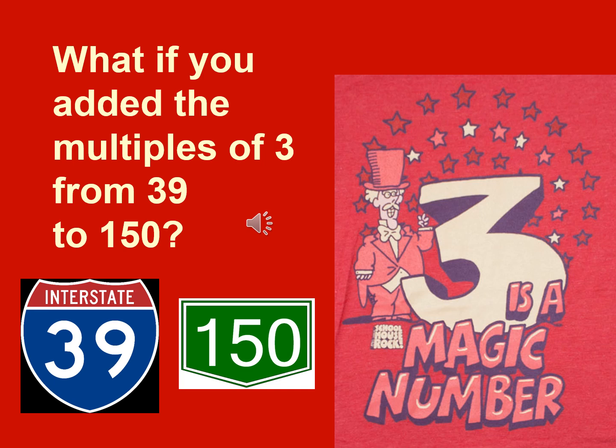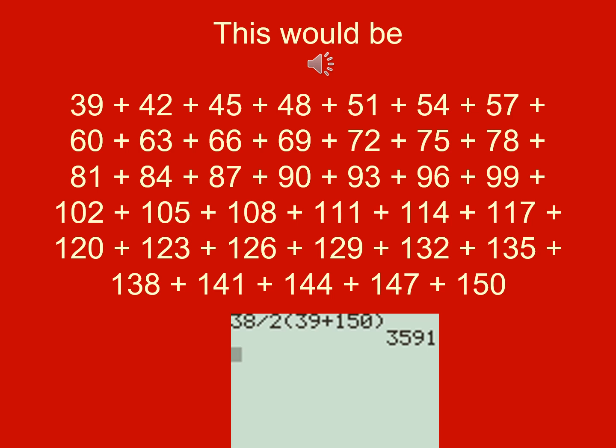The other question I had back at the beginning is, what if you added up the multiples of 3 from 39 to 150? This is just a little bit more complicated because it doesn't count by ones and it doesn't start with one, but the basic rule is still exactly the same. I put on the screen here exactly what you would be adding up.